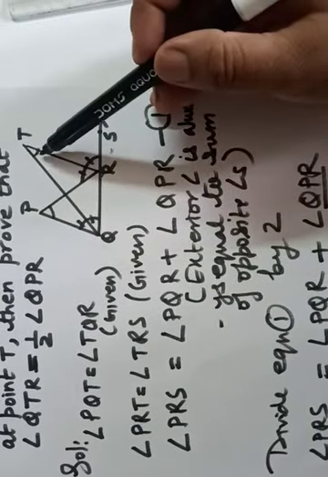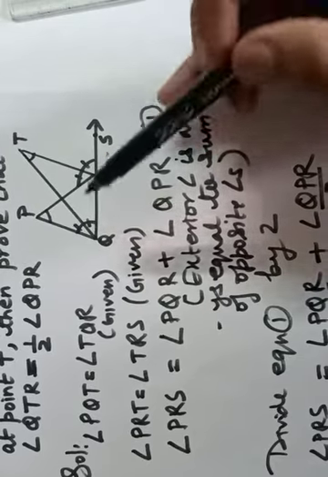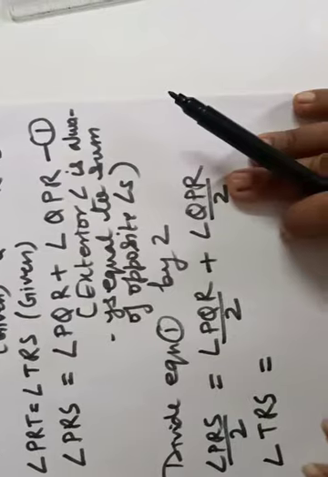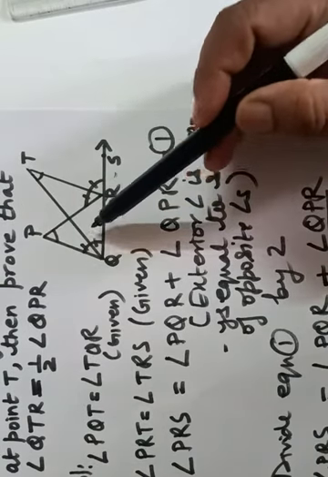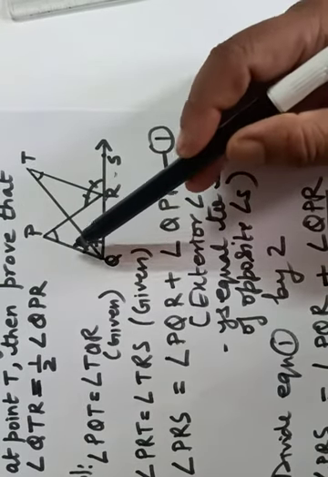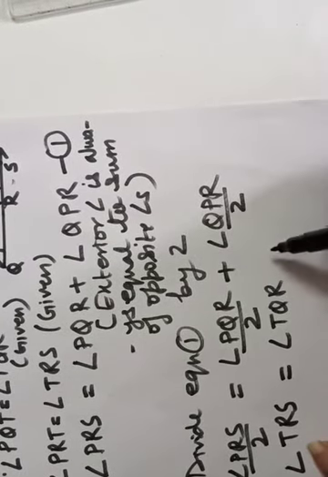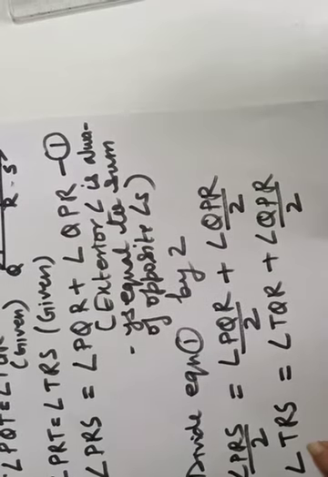So this angle is in the triangle TQR. So we are taking angle TQR when we need half of angle PQR. That is also half because angle PQR is divided into two equal angles. So I am writing here angle TQR plus angle QPR upon 2.